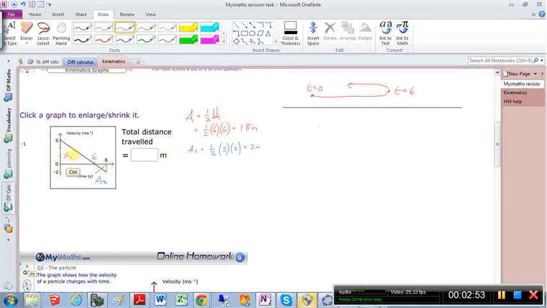For area 1, if we look at the triangle, the base is 6, the height is 6, so the area is half 6 times 6, is 18 metres. And area 2, the base is 2, the height is 2, so the area is half 2 times 2, which is 2 metres. Okay. So we travel 18 metres forwards and we travel 2 metres backwards. So total distance travelled is 20 metres.